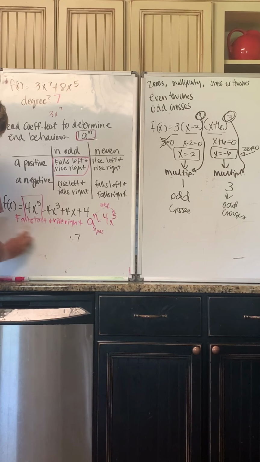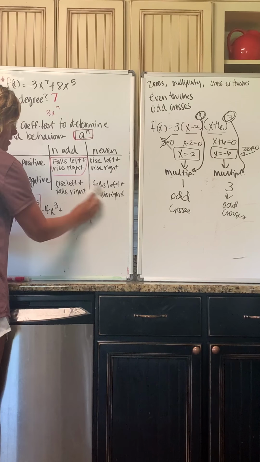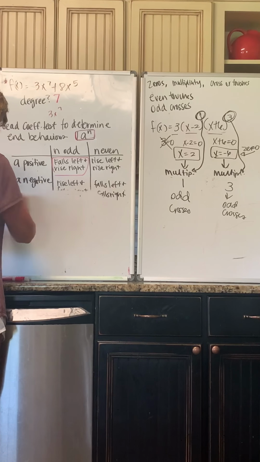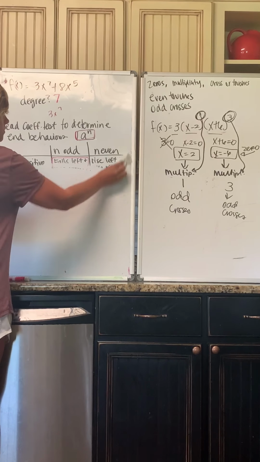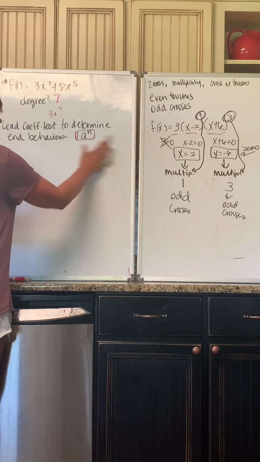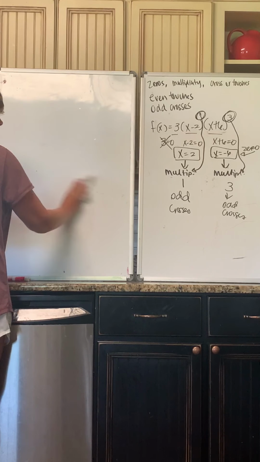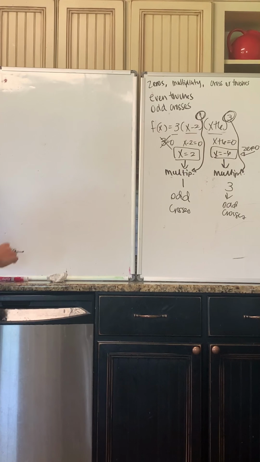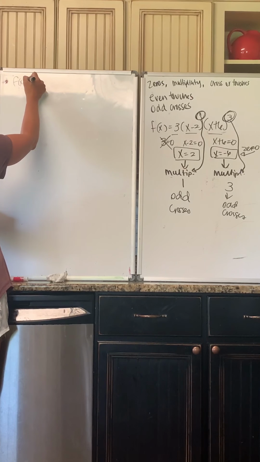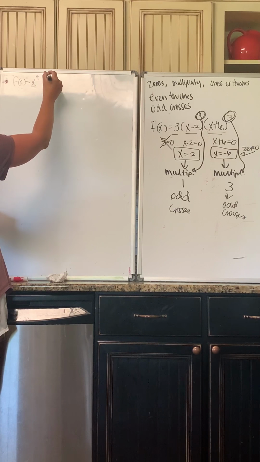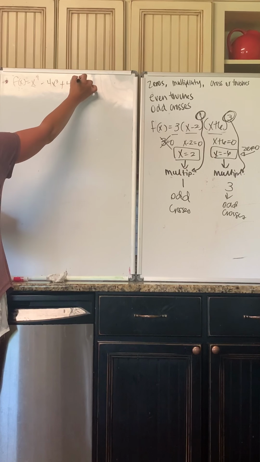Now, of course, they give you one that puts everything in one problem. So if I say f of x equals x to the fourth minus 4x cubed plus 4x squared.